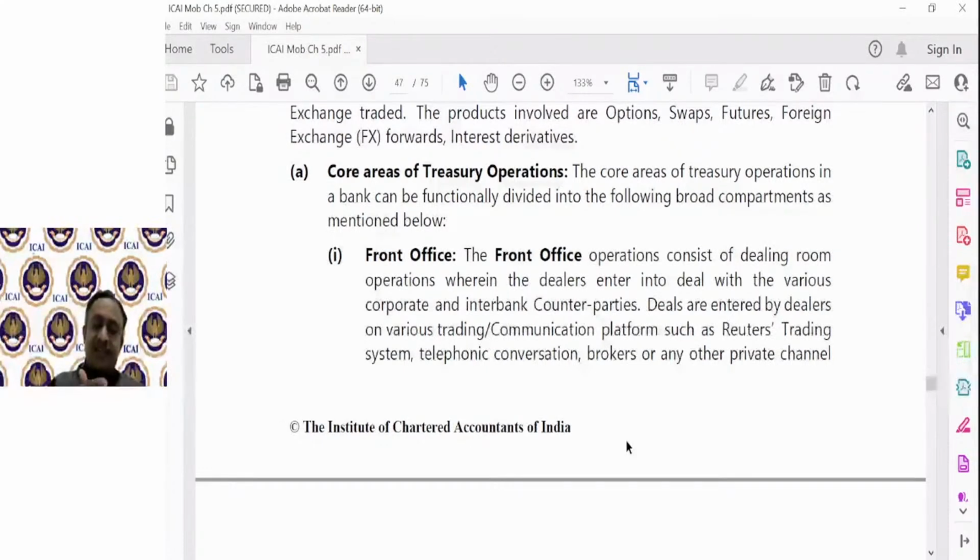SLR is a specified percentage of bankers' time and demand liabilities, as existing on the second Friday of the second fortnight of the month, that has to be kept invested in a specified category of security. So the Reserve Bank of India gives a percentage, the statutory liquidity ratio reserve percentage.